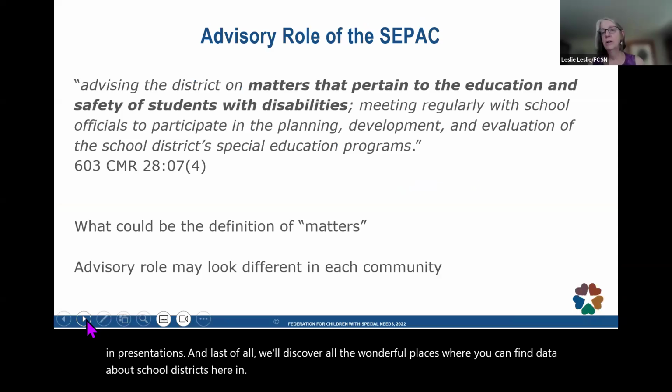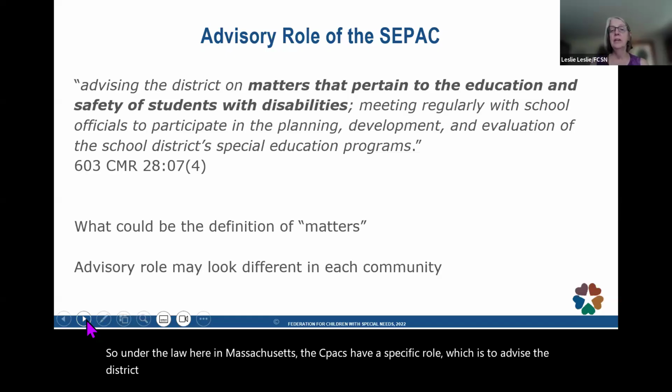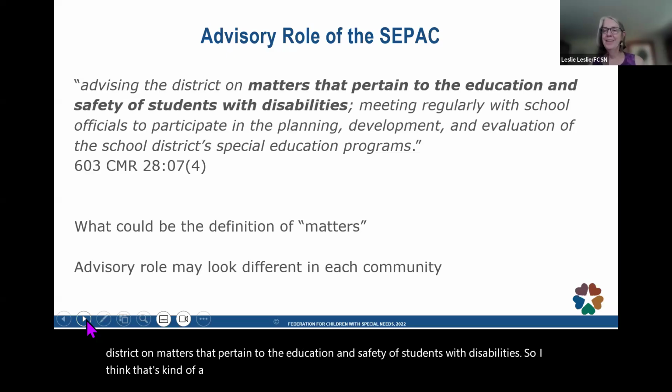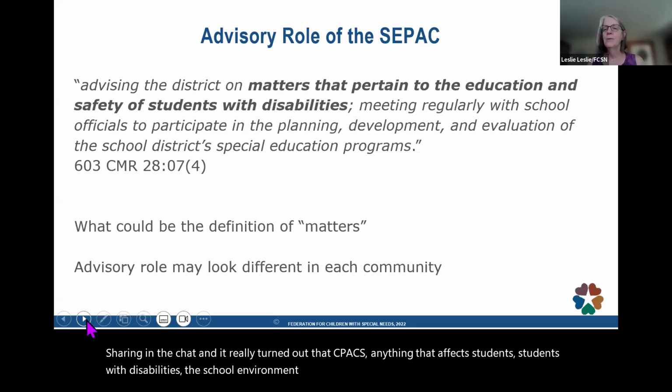So under the law here in Massachusetts, the CPACs have a specific role, which is to advise the district on matters that pertain to the education and safety of students with disabilities. So I think that's kind of a broad category there, like what does matters really mean? And in the live session, there was lots of sharing in the chat, and it really turned out that for CPACs, anything that affects students with disabilities, the school environment, the culture, those are all matters that matter to the CPAC.